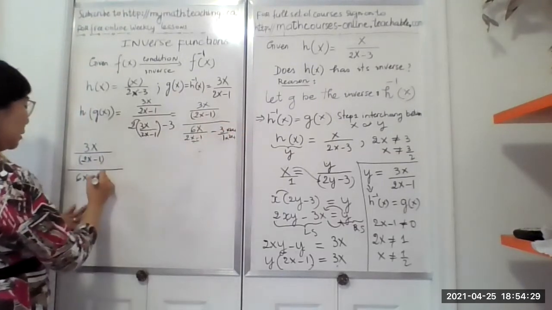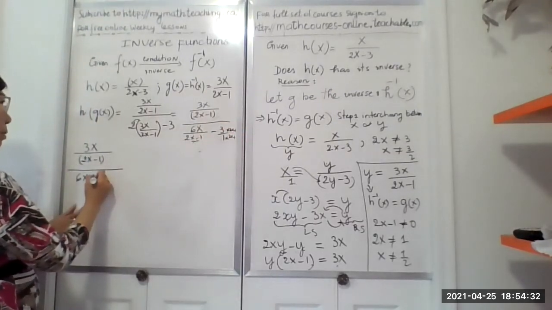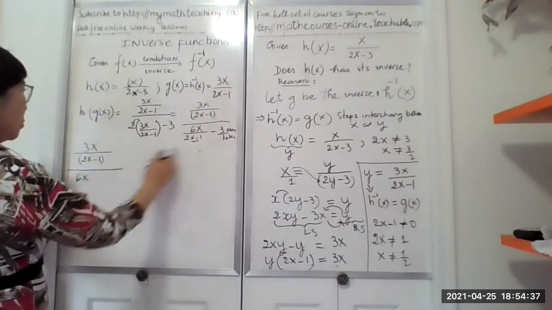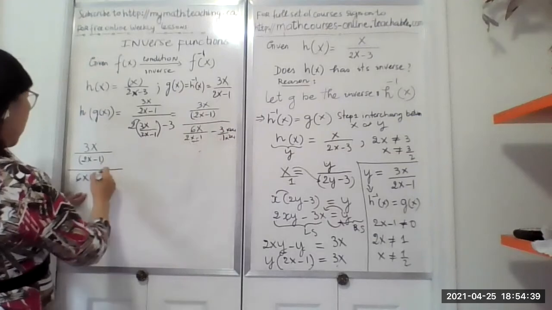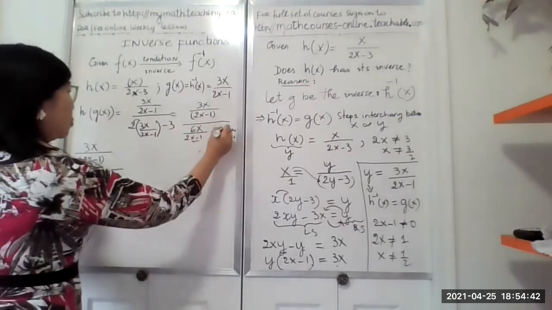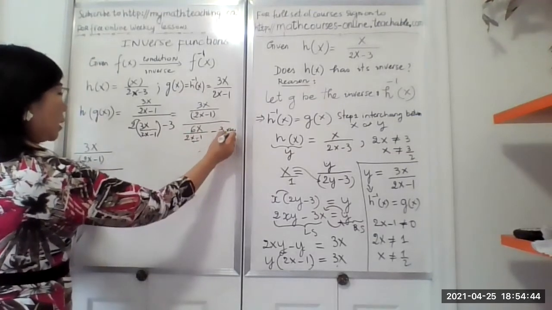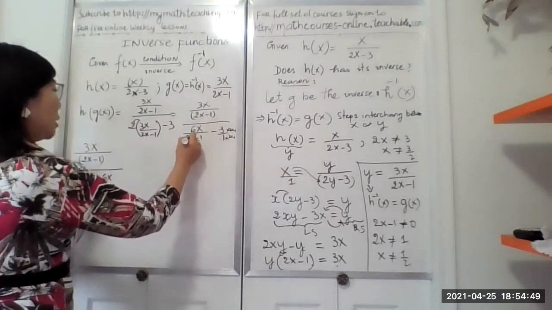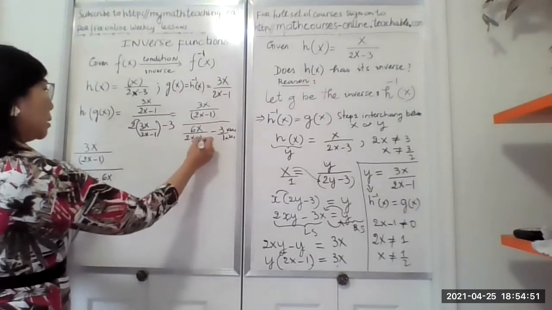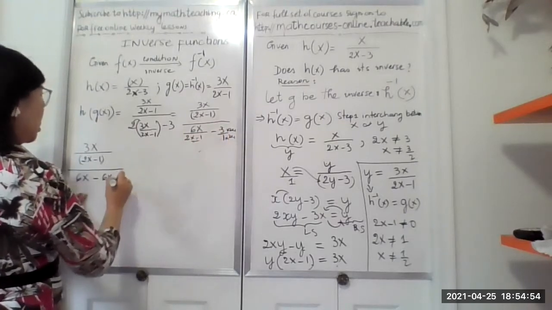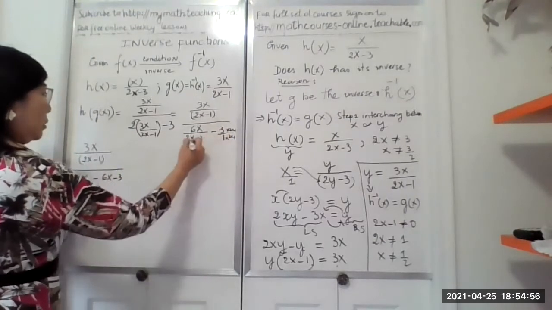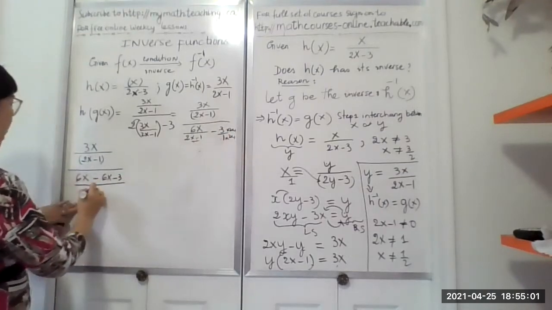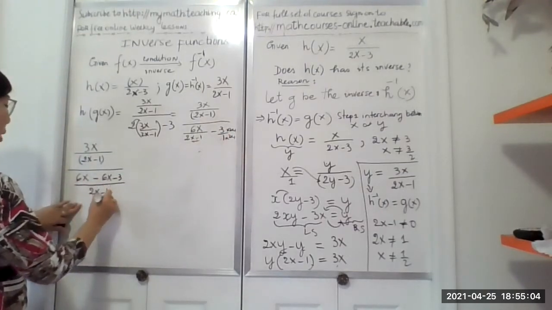So we have 6x minus 3 times 2x. Here is 6x. Minus 3 times 2x is minus 6x. Minus 3. And underneath the bottom, now we can join in one common denominator of two fractions, which is 2x minus 1.